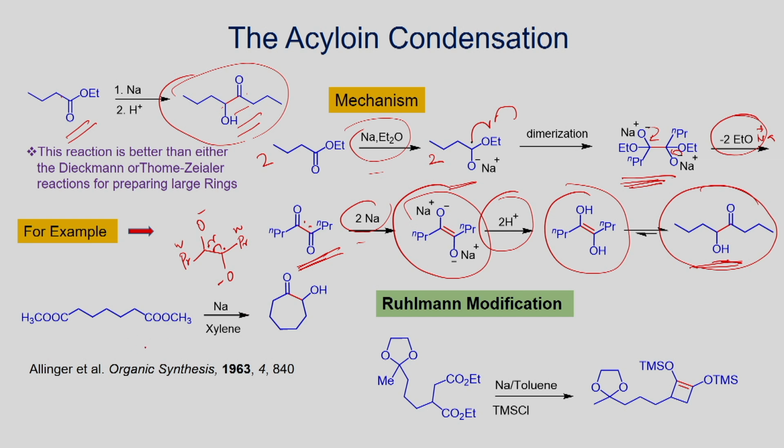Now, let us look at this diester, which can be cyclized using this approach, using sodium in xylene solvent. You can get this macrocyclic ketone derivative as a product. As we have seen, when you react with sodium, you have to use excess sodium, 4 equivalents of sodium.